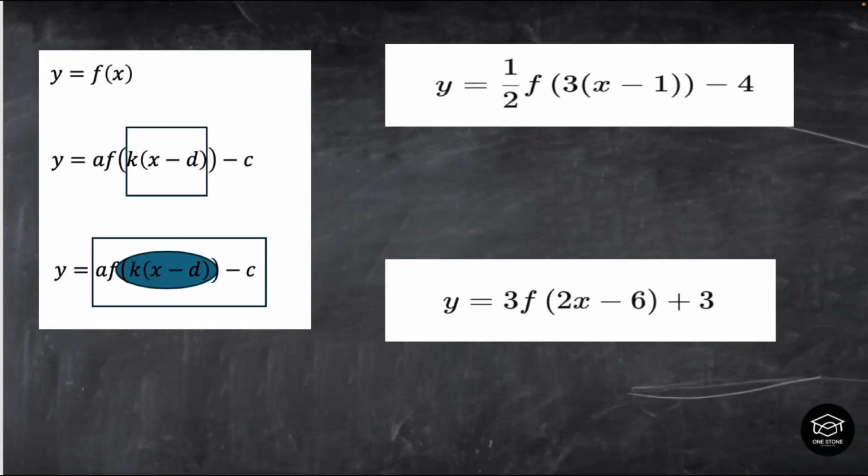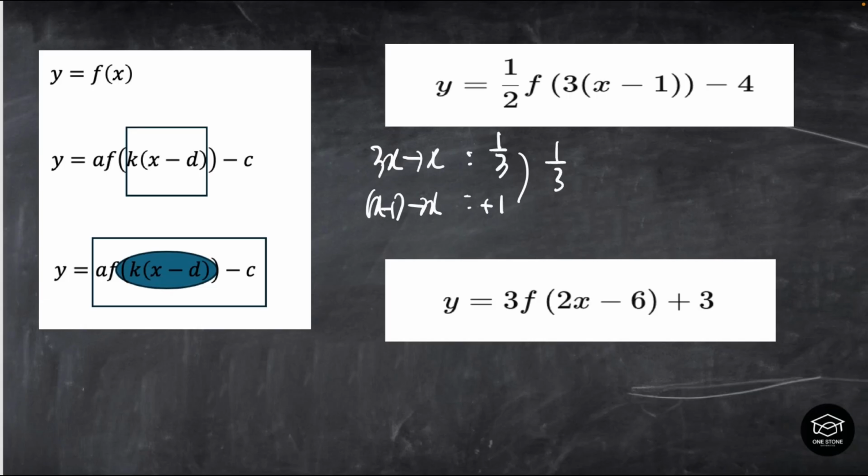First example, suppose y equals f of x is transformed into y equals 1/2 times f of 3 times (x minus 1), then minus 4. Let's figure out the transformation of x and y. To turn 3 times x into the original x, we multiply x by 1/3. And to turn x minus 1 into x, we add 1.